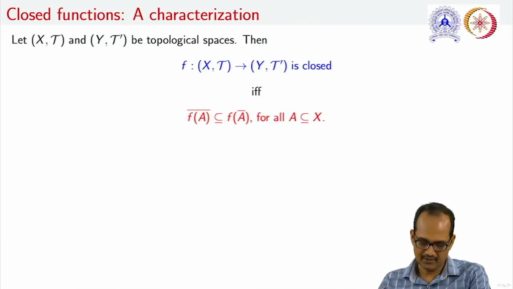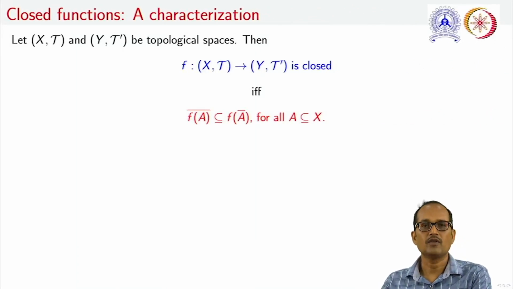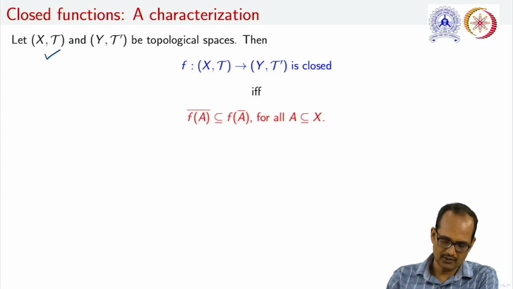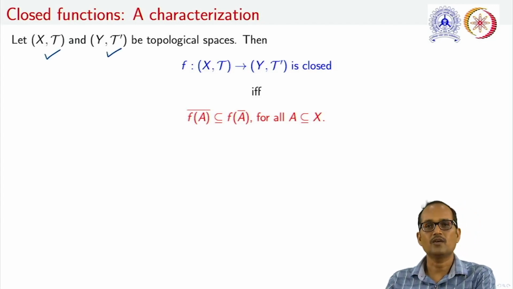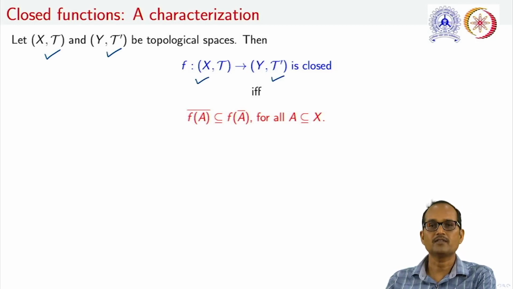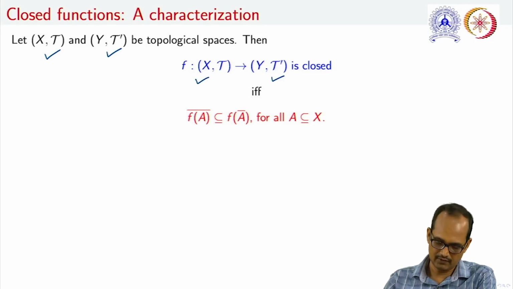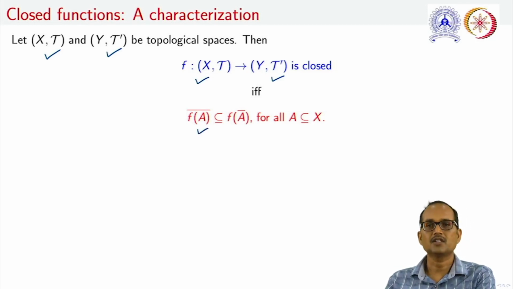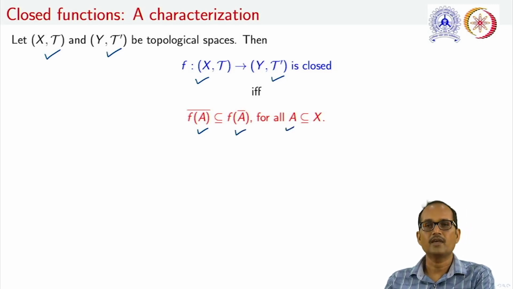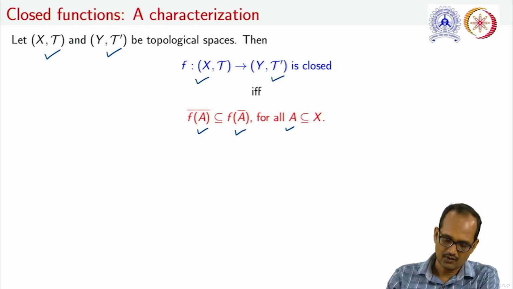Moving ahead, let us see a characterization of a closed function. If we are having two topological spaces (X, tau) and (Y, tau dash), then the function f from (X, tau) to (Y, tau dash) is closed if and only if closure of f(A) is a subset of f of A closure for all A subset of X. The justification is simple.